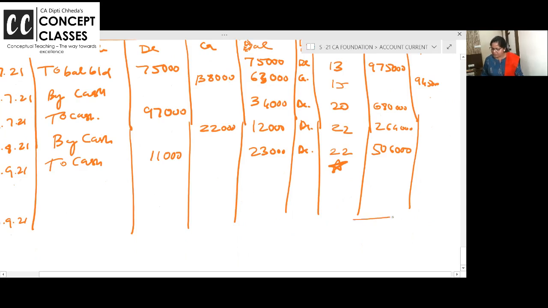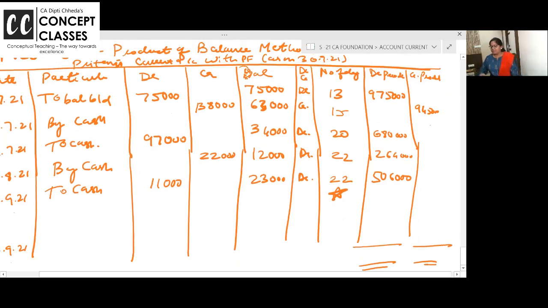So debit balance, credit balance, all we have got. Can we do the totals? All right.